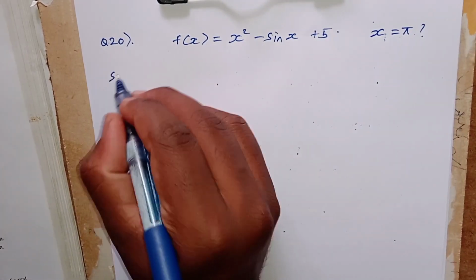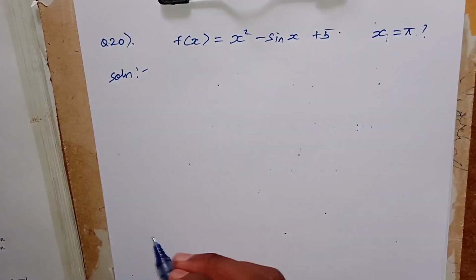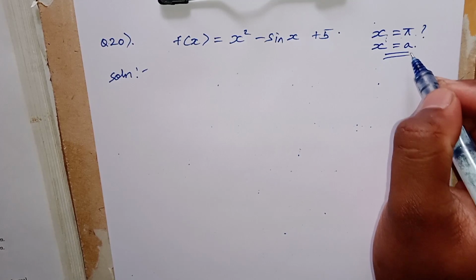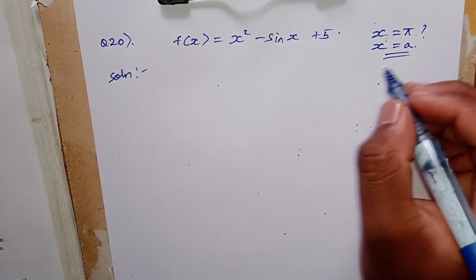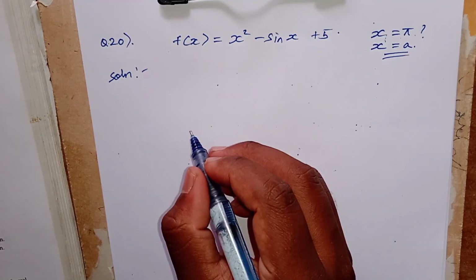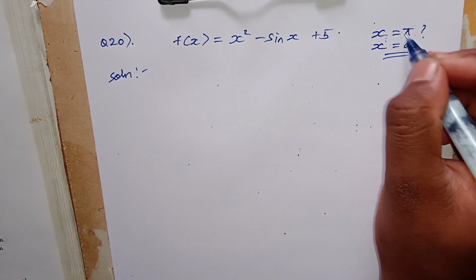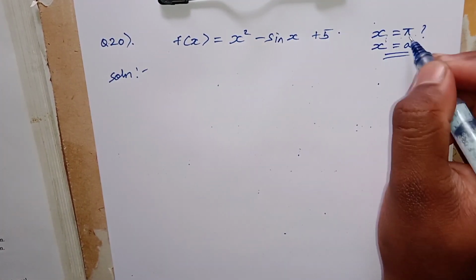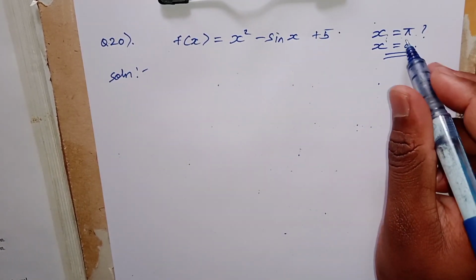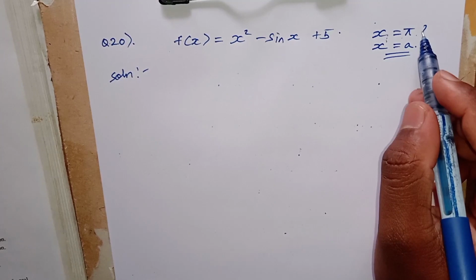Solution: here x is equal to a, a point. Here you need not check the left hand limit and the right hand limit equal to f of a, because it is not in the integers, it is in the angles.